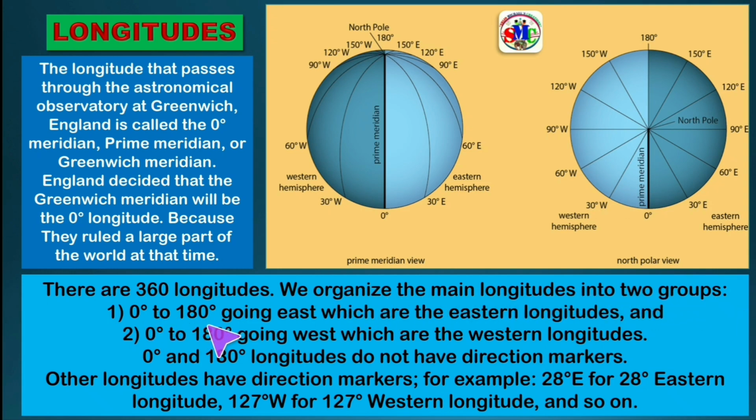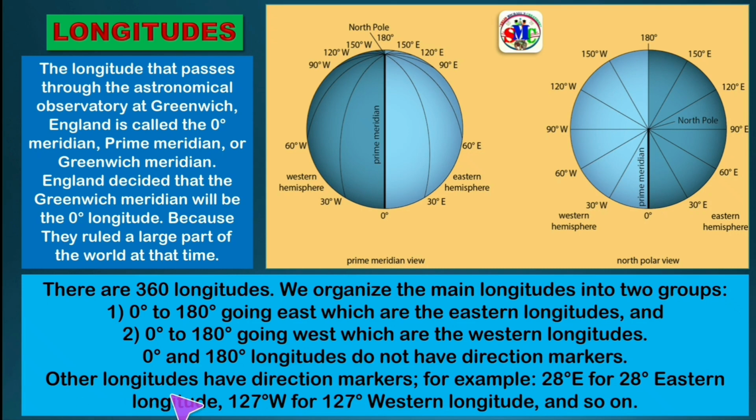0 degree to 180 degree going east, which are the eastern longitudes, and 0 degree to 180 degree going west, which are the western longitudes. In this picture, on the right hand side, that is the eastern hemisphere, there are 0 degree to 180 degree longitudes. So they are eastern longitudes, and on the left hand side, that is the western hemisphere, the western longitudes are present.